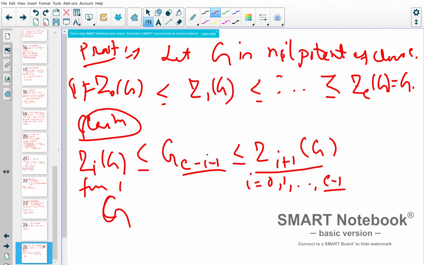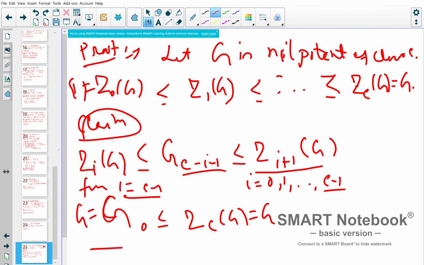For i equal to C minus 1, G0 is sitting inside Z(C minus 1 plus 1), so ZC of G, and you know that ZC of G is nothing but G, because G is nilpotent. So G0 is also G, and G is sitting inside G, so this part is obvious.